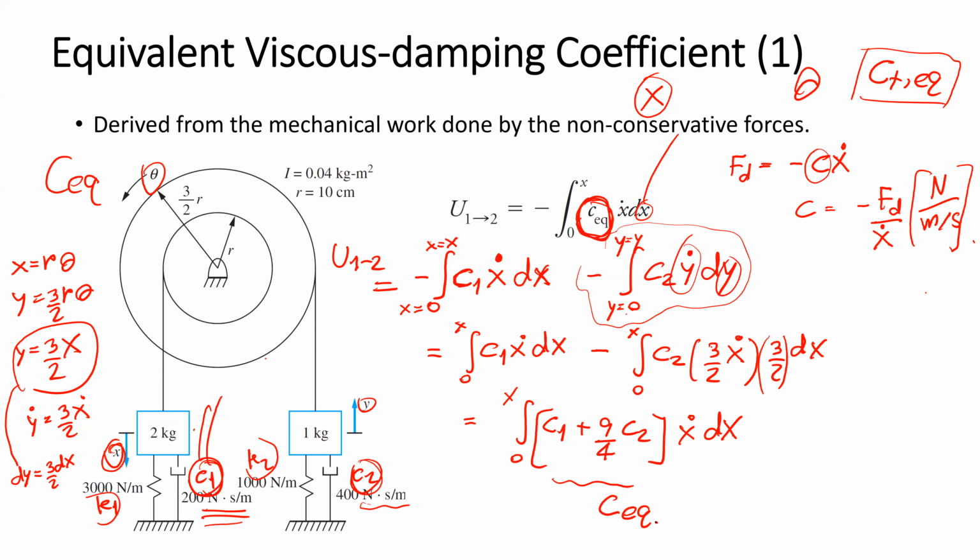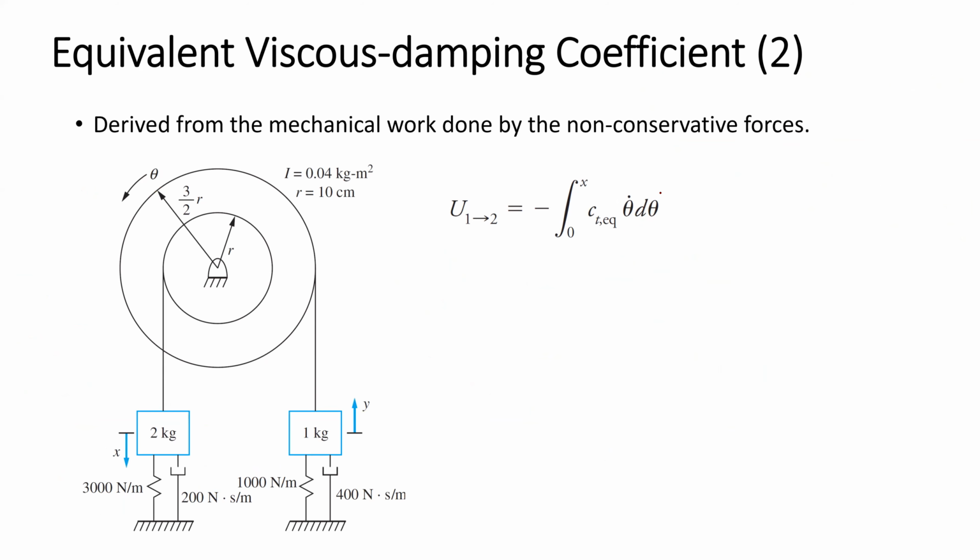As I mentioned, if we need to change the generalized coordinate to be theta, let's do it together. U1 to 2 is equal to, for the first one, minus integral from 0 to x of C1 x dot dx, and 0 to y of C2 y dot dy, right?